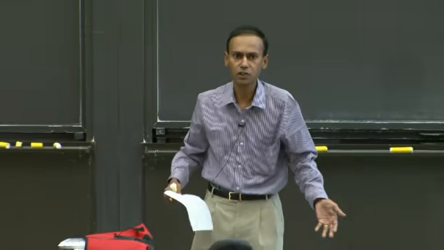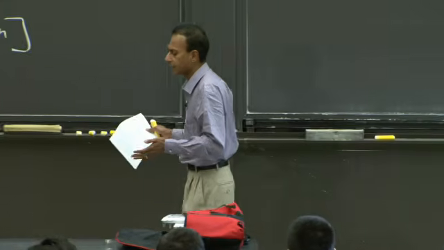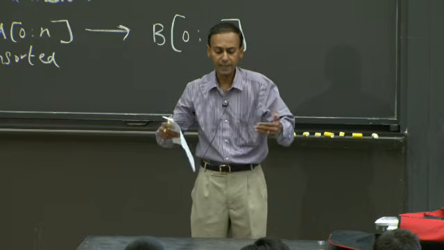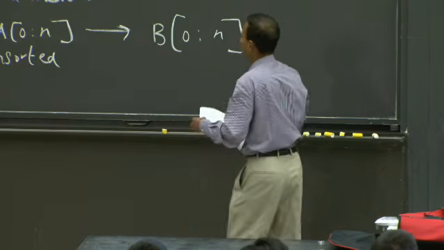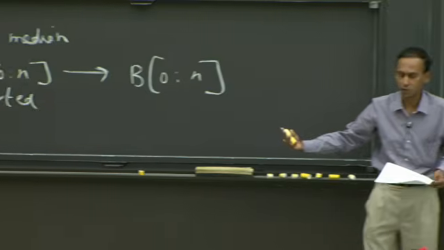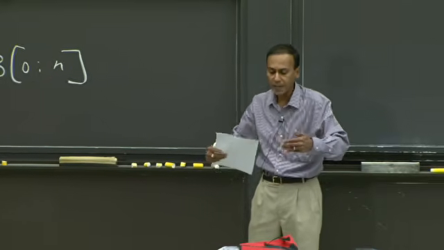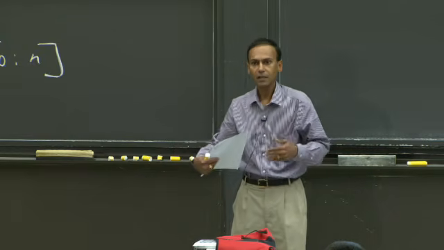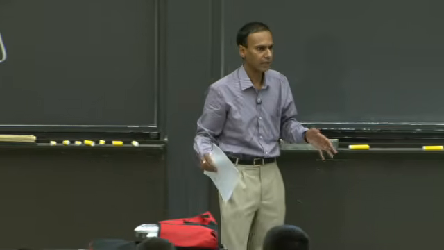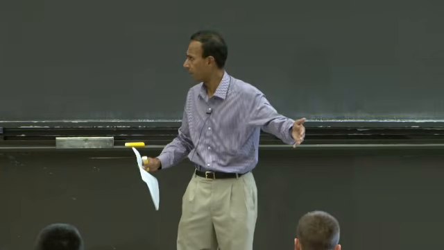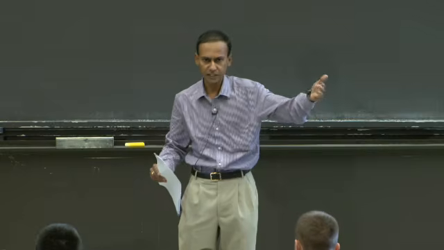If you happen to have a sorted list, there's many ways that you could imagine building up a sorted list. One way is you have something that's completely unsorted, and you run insertion sort or merge sort. Another way would be to maintain a sorted list as you're getting items put into the list. So if you happen to have a sorted list, and you need to have the sorted list for some reason, the point I'm making here is that finding the median is easy.